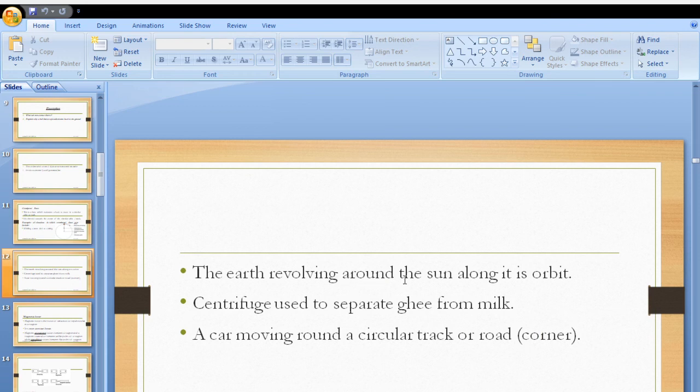Others are the Earth revolving around the sun along its orbit, a centrifuge used to separate cream from milk, and a car moving around a circular track or a road corner. We call it a banked track. You will still learn this when we talk much more about uniform circular motion in Form 4.